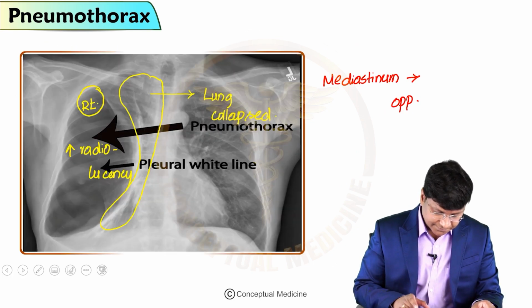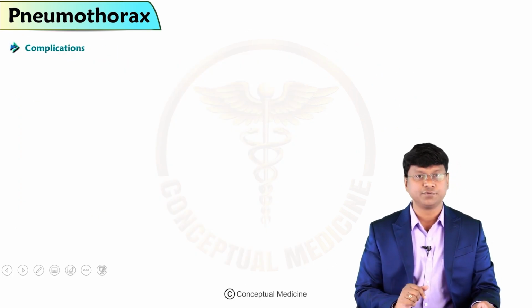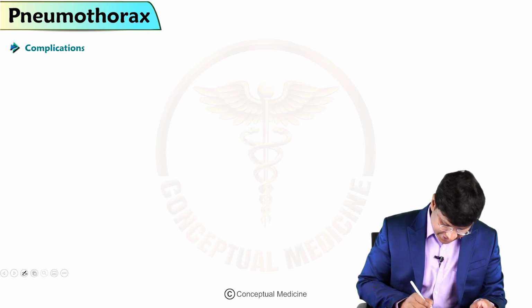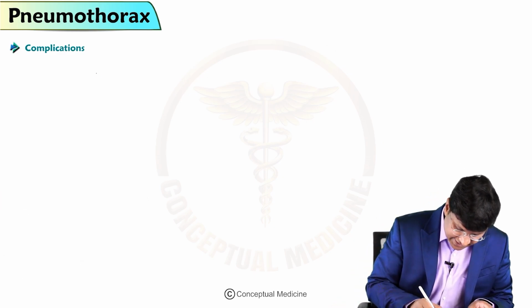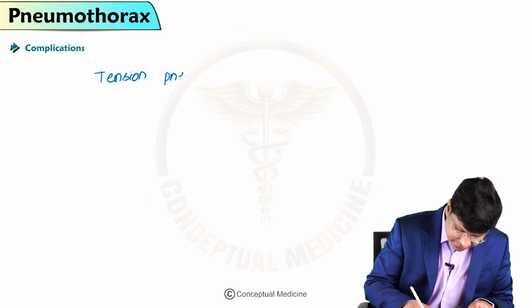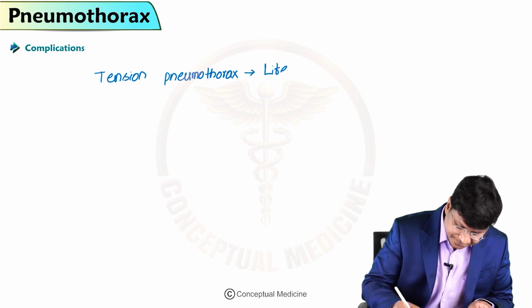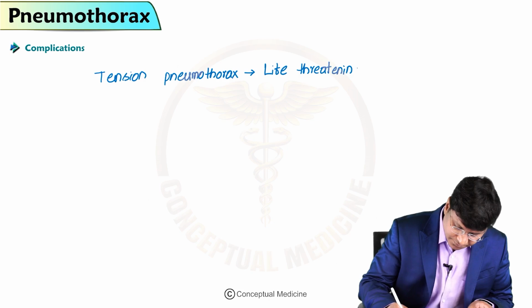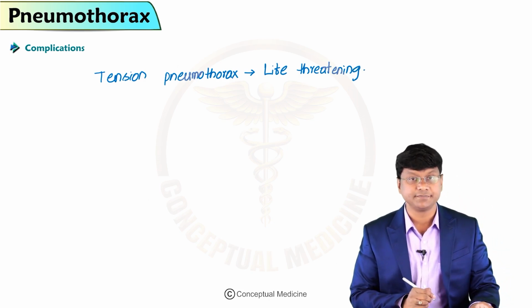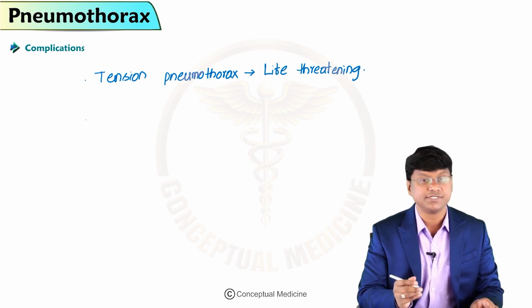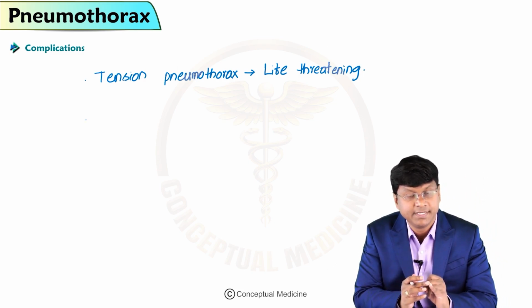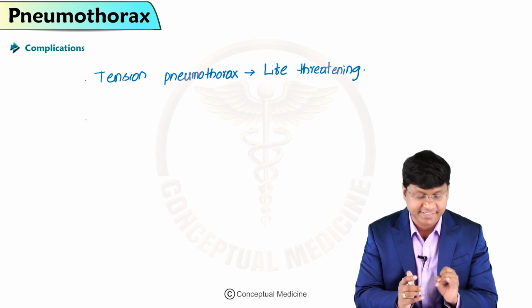Now, coming to the complications of pneumothorax. Tension pneumothorax is one of the very important complications. It is a life-threatening condition. Another important complication is the development of pneumomediastinum and subcutaneous emphysema.